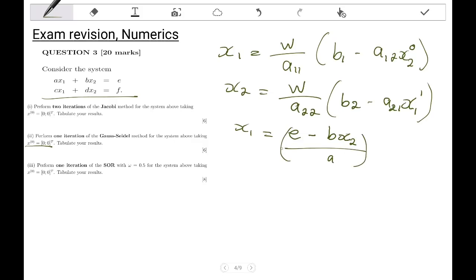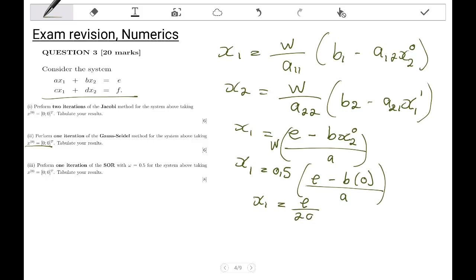Then if you multiply the whole of this by W according to the algorithm, we're going to have x1 equals, since we are given that W is 0.5, open bracket e minus b x2 initial, we are given that we should take it as 0, and then all of this divided by a. So this times that is 0, and therefore we have x1 equals e over 2a. That's our final answer.